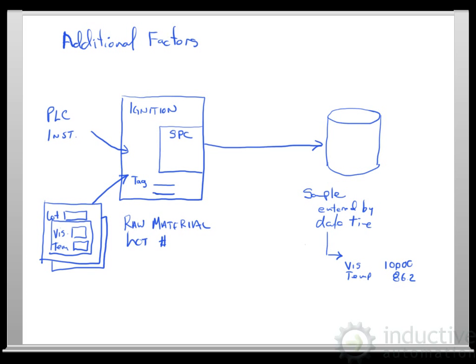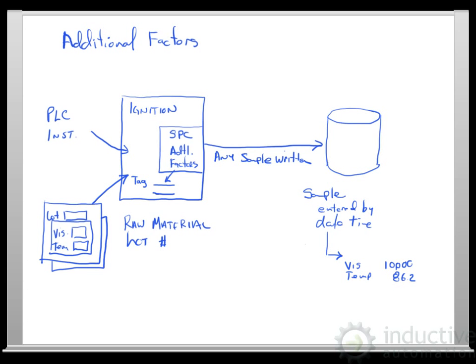So we have these tags, and we configure the SPC module, these additional factors, to read these tags. So anytime a sample is written, those values are also written to the database. So those additional factors also get sent along.